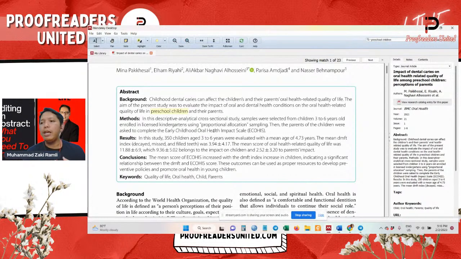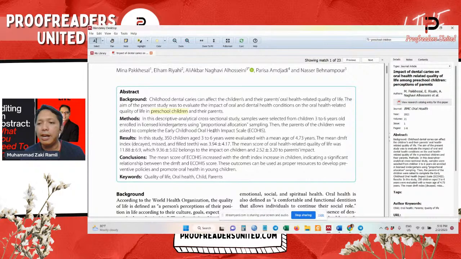That's why it's best to always discuss with your proofreader if you find the changes made by the proofreader are not agreeable. The main point here is communication with your proofreader.